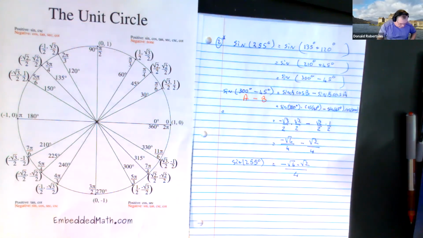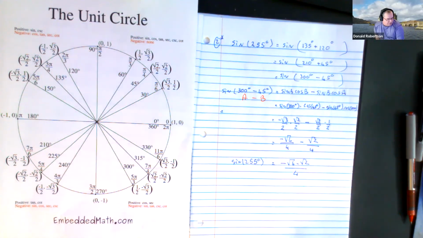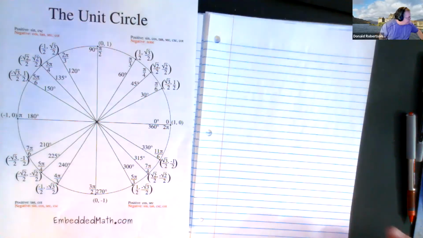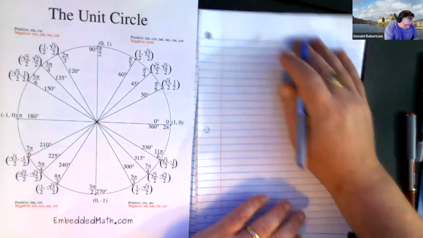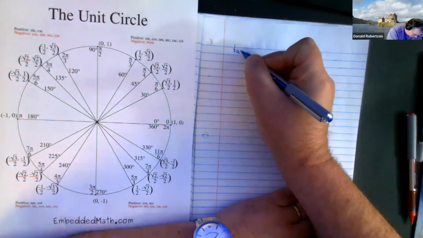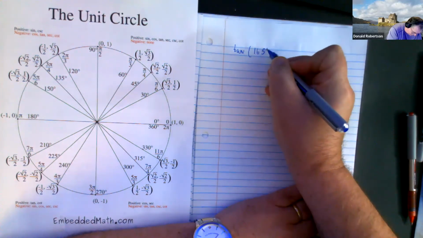Right, let's do a tan then. Oh, any questions? Okay, let's do a tan now. And after that, we'll do radians. Radians are harder. Tan of 165 degrees.